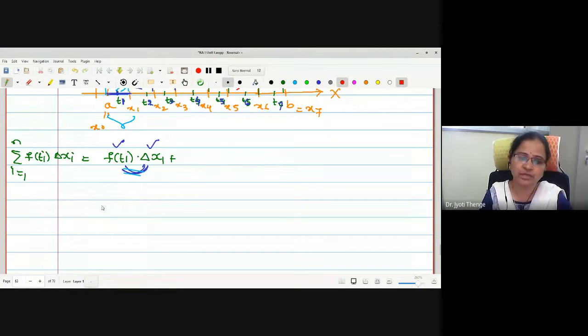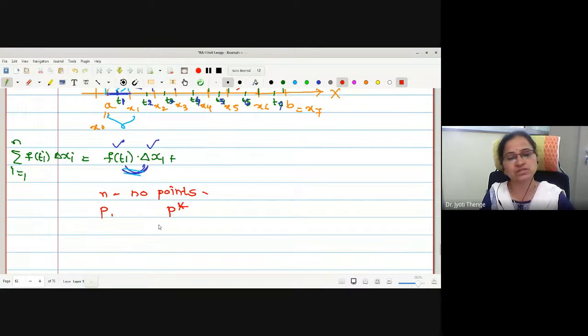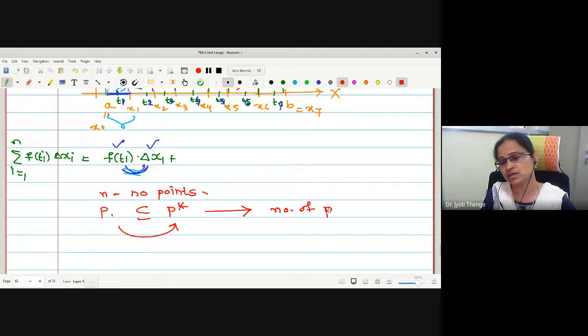Finding refinement means what? If n is the number of points in the given interval, P is my original partition, P star is the refinement. Then we know P is contained in P star. That is number of points increased, no? But as you go on considering the refinement, number of points increases, no?